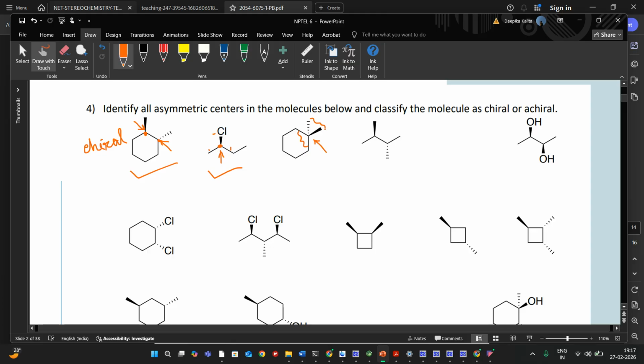So this center does not possess different substituents. All four substituents at this carbon are not different. That is why there is no asymmetric center present in the molecule. And this molecule will also possess a plane of symmetry. Hence, this is found to be achiral.